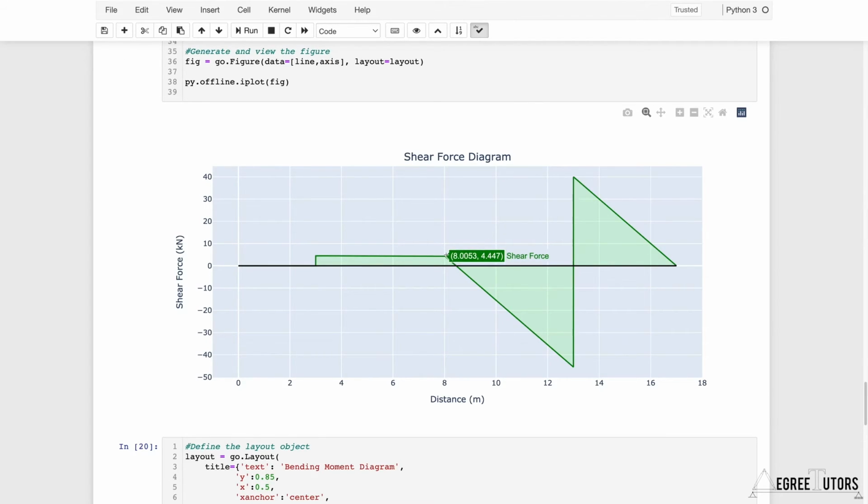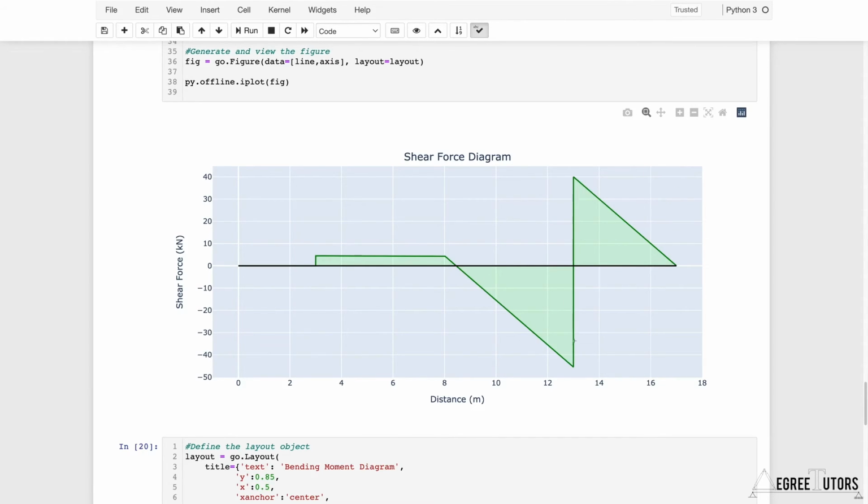Then the UDL comes on and starts reducing our shear force diagram linearly all the way over until bang, we hit the reaction at B, and because it's a point load, it causes a step change in the shear force diagram, and so we step straight up. The total magnitude of that step was whatever the reaction was.